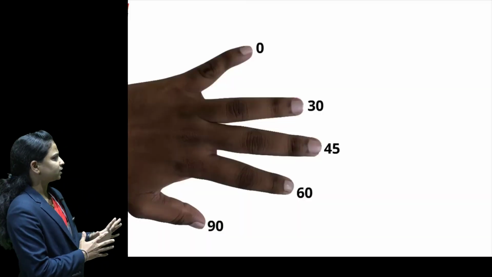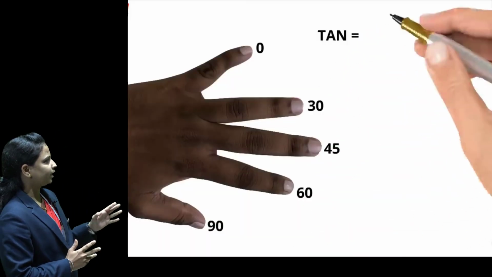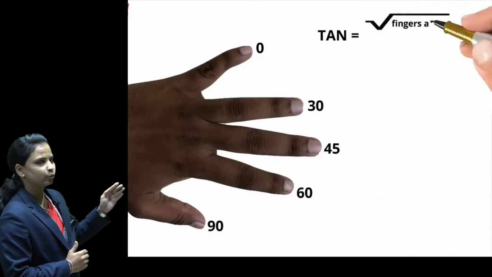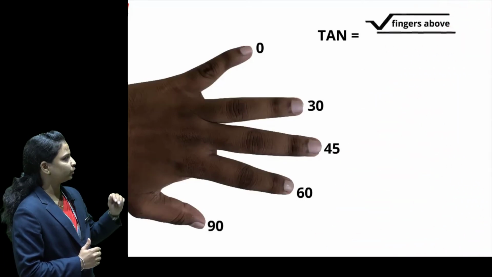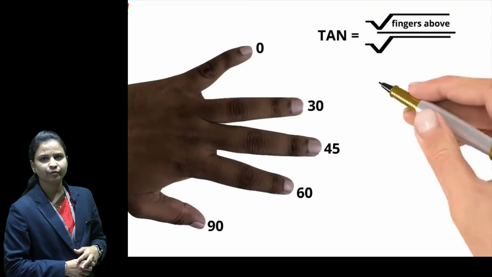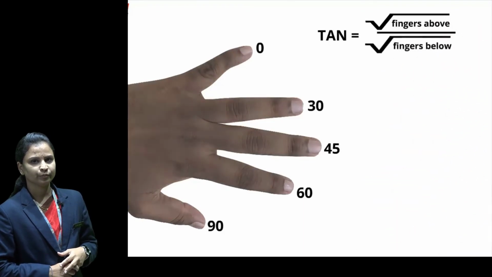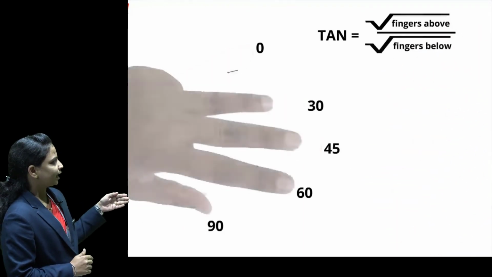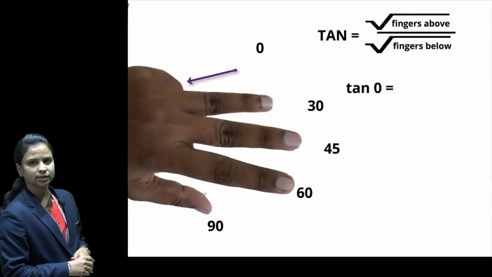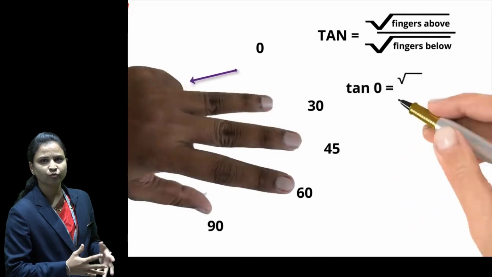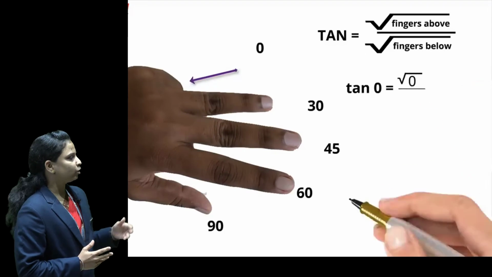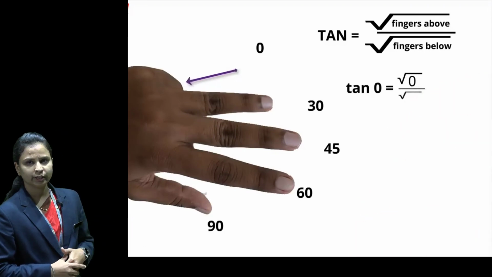For tan it is simple. Tan is equal to square root of fingers above divided by square root of fingers below. For tan 0, fingers above the little finger, there is no finger. We need to count fingers below the little finger.